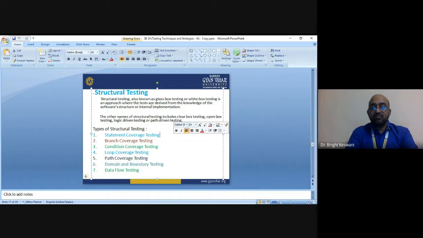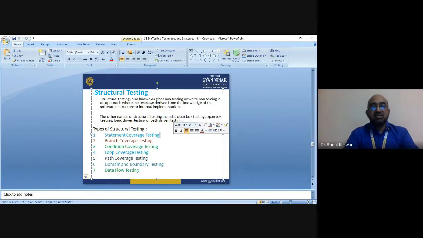So a boundary test would incorporate test inputs on and slightly off the boundaries of the paths. So domain and boundary testing is a very important testing that comes under the structural testing method.